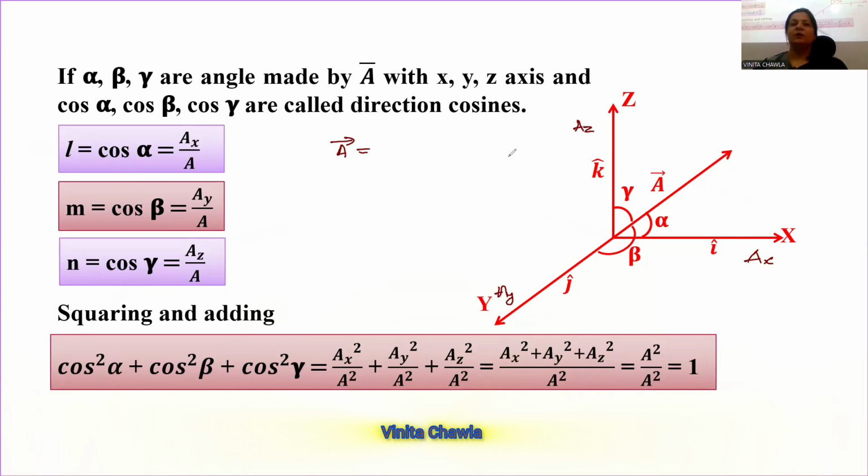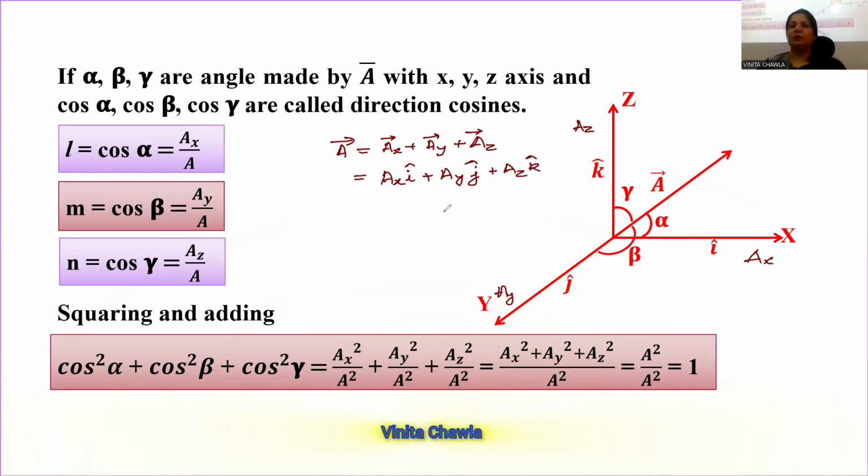Any doubt? So any vector A can be written as ax vector plus ay vector plus az vector. Yes, or we can write this vector as ax I cap plus ay j cap plus az k cap. We can write like this.